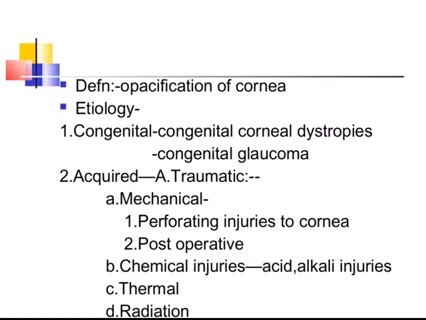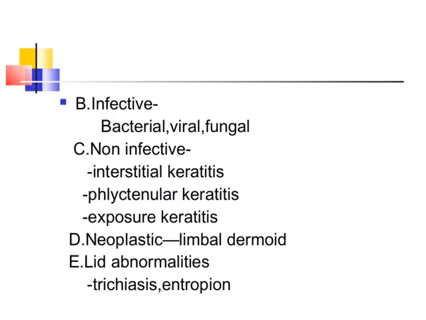Etiology: it can be classified into various types. It can be congenital, the causes being congenital corneal dystrophy or congenital glaucoma, that is buphthalmos. Acquired conditions can be traumatic, mechanical, which is perforating injuries to the cornea, or seen post-operatively, or due to chemical injuries like acid, alkali, thermal injuries, and infective causes like bacterial, viral, or fungal, which can cause keratitis.